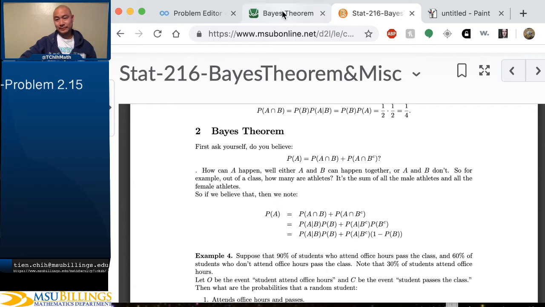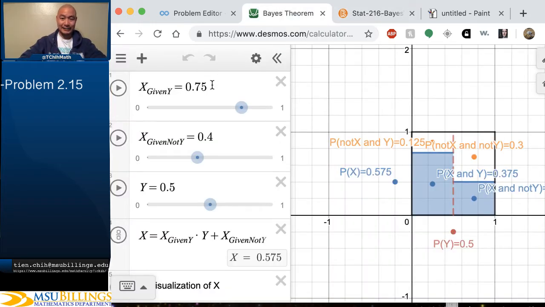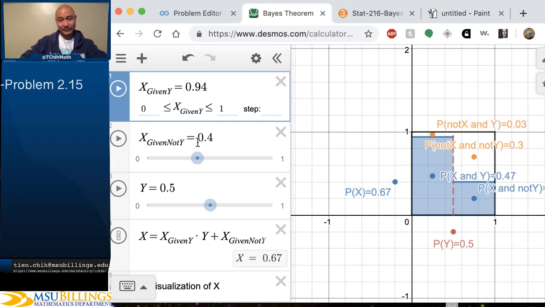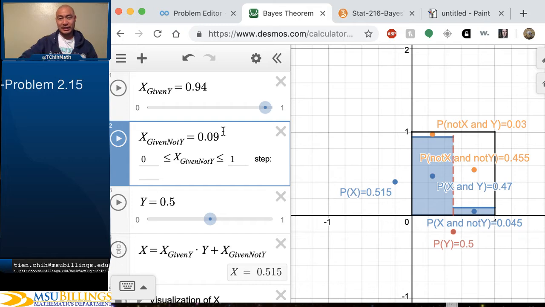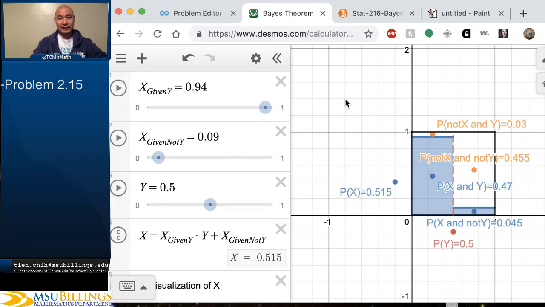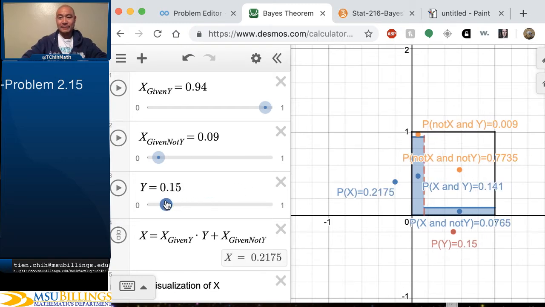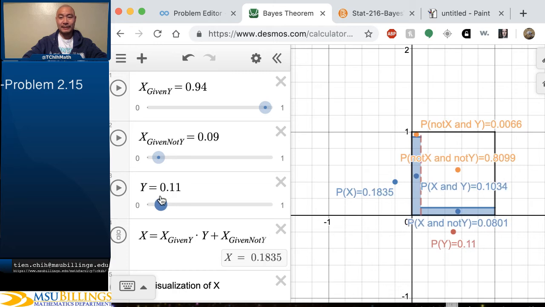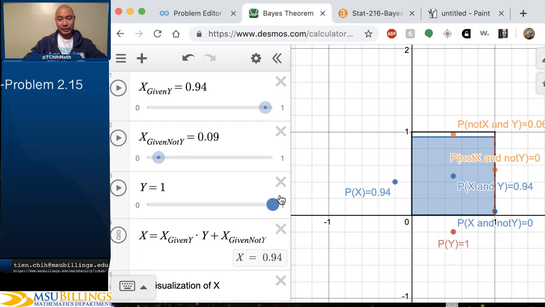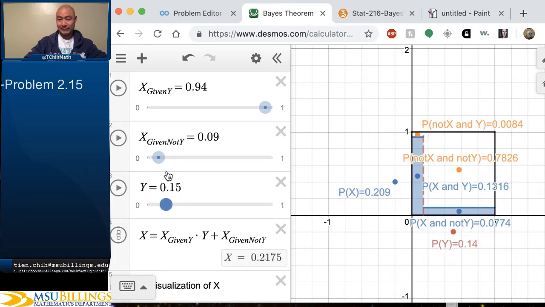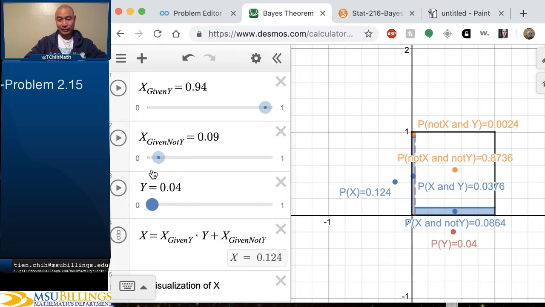The essential idea behind this is, let's say if you use drugs, there's a 94% chance you test positive. If you don't use drugs, there's a 9% chance you test positive. So how many people actually test positive is going to depend on how many people use drugs, right? If everyone uses drugs, that's 94%. If no one uses drugs, that's 9%. And we're looking at something in between, and it should be pretty small considering that it's pretty close to the 9%.